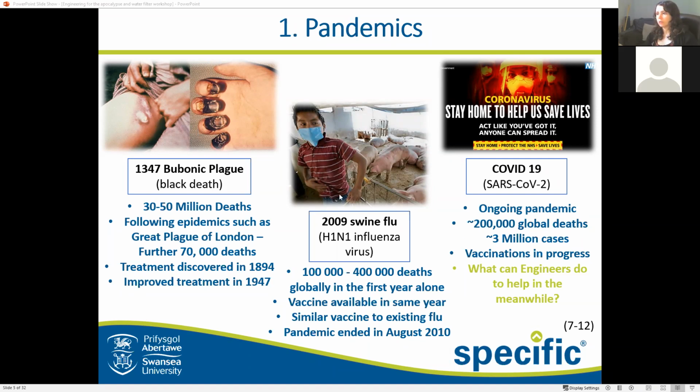More recently, we turn to something that was in my lifetime, probably yours, which is influenza A H1N1 in 2009, known commonly as swine flu, which according to the World Health Organization resulted in around 100 to 400,000 global deaths in the first year alone. So not that dissimilar to what we're having to go through right now.